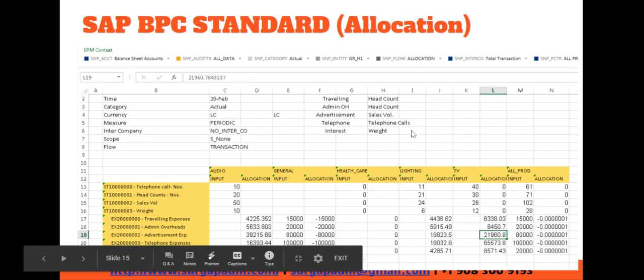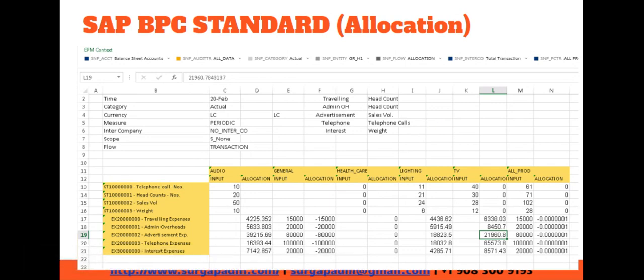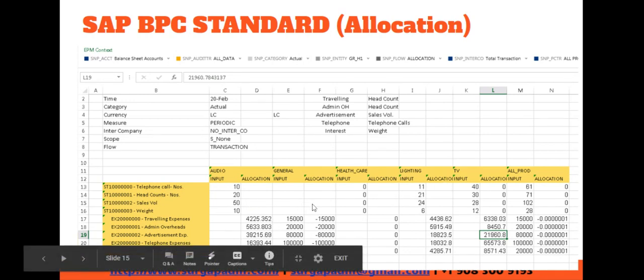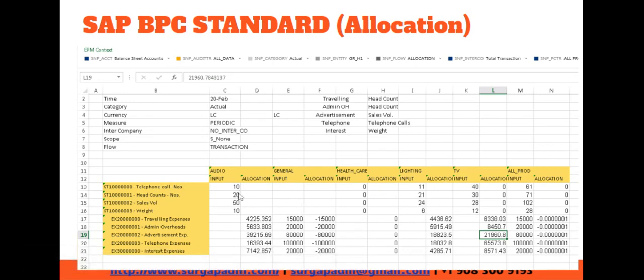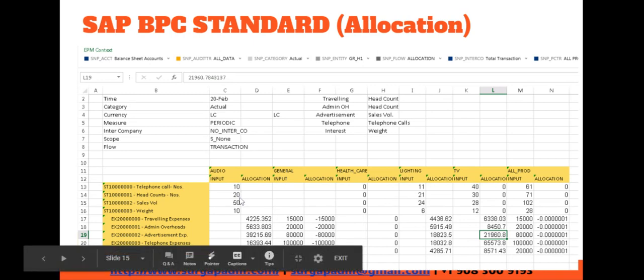And similarly, telephone expenses, it got negative 100k. And all these expenses were allocated to audio profit center, lighting profit center, and TV profit center based on the statistical key figure, whatever was entered in the respective profit center.